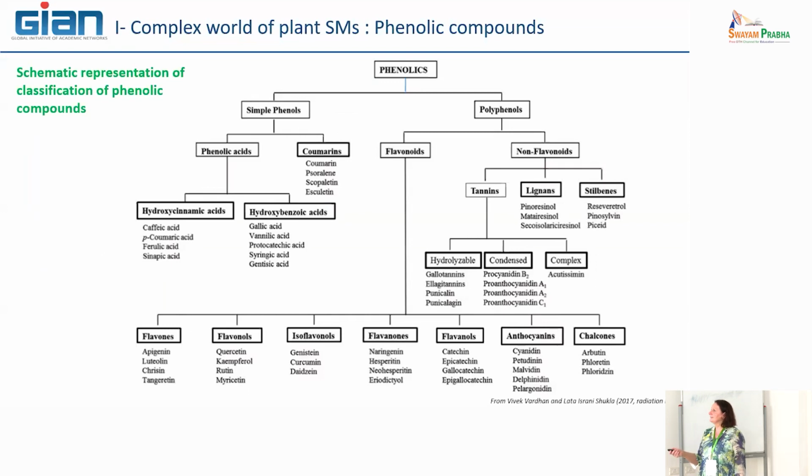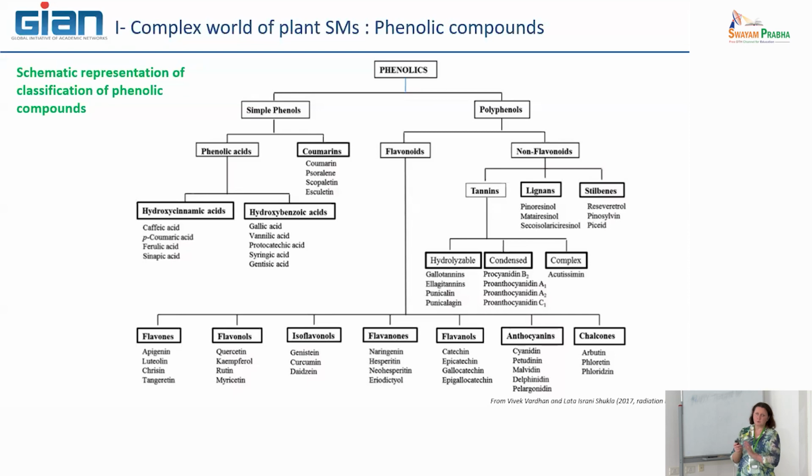And for phenolic acids, you can see here lots of molecules, namely hydroxycinnamic acids, that are very important. You can find some in coffee, for example, such as caffeic acid, which is known also to be interesting for complementary food production, for example. And also hydroxybenzoic acids. Vanillic acid, for example, is part of this.